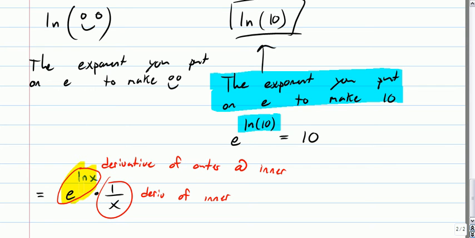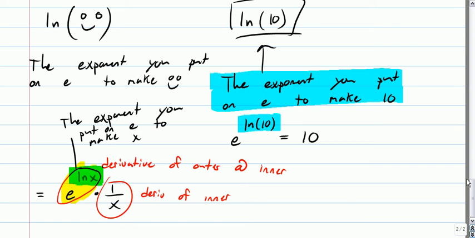First off, natural log of x, in green, is the exponent you put on e to make x.